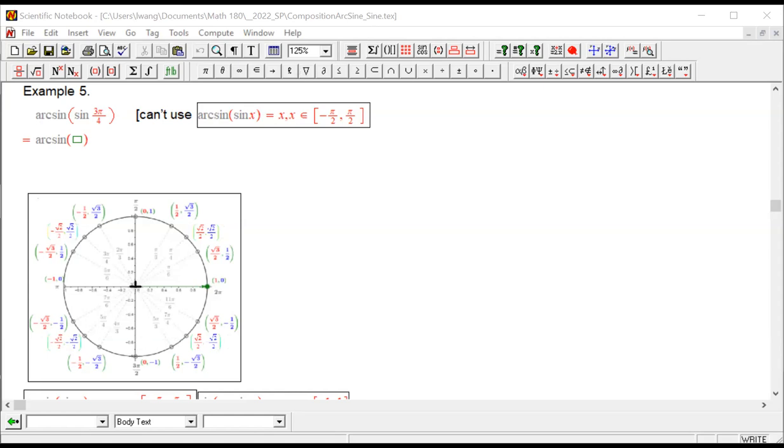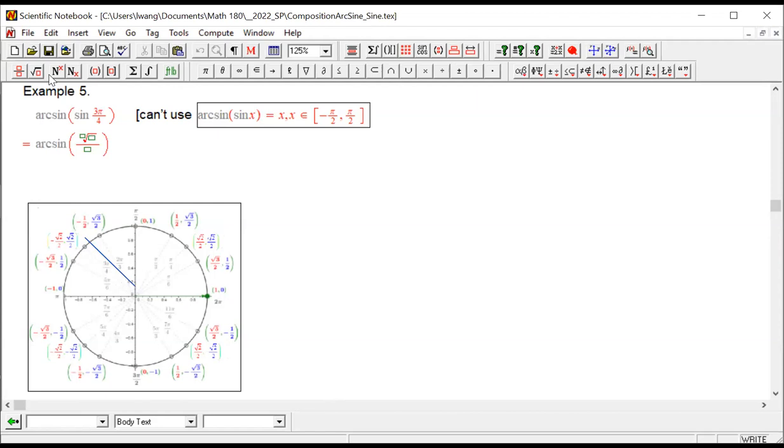We measure this angle counterclockwise, because it's 3 pi over 4. It terminates here, and that blue number we have here is √2 over 2.